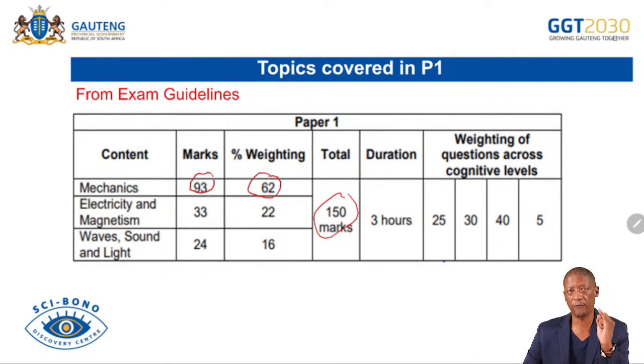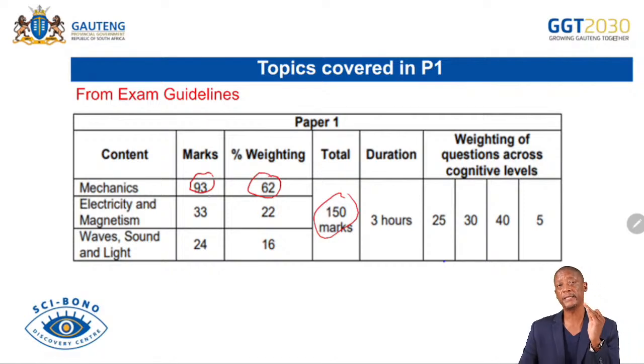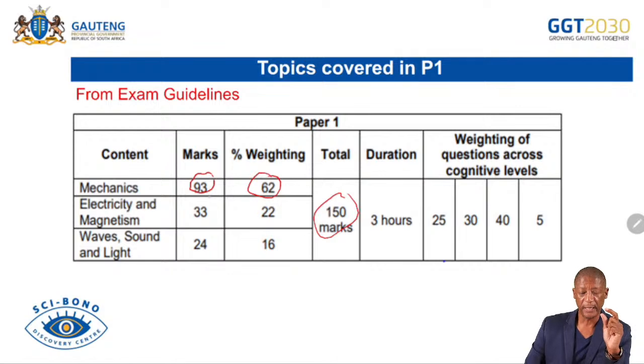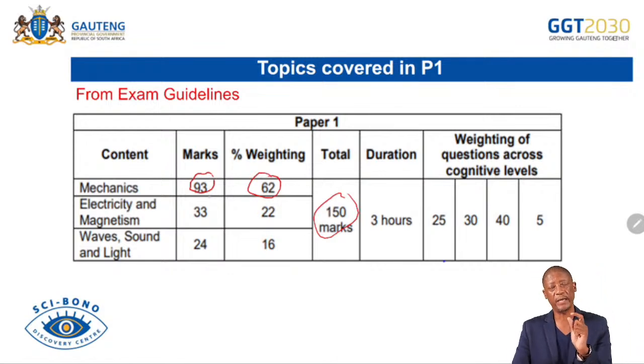The first topic was forces and Newton. The second topic that we are dealing with today is momentum. They are within the content area mechanics, and the marks thereof is 93 and the percentage thereof is 62.